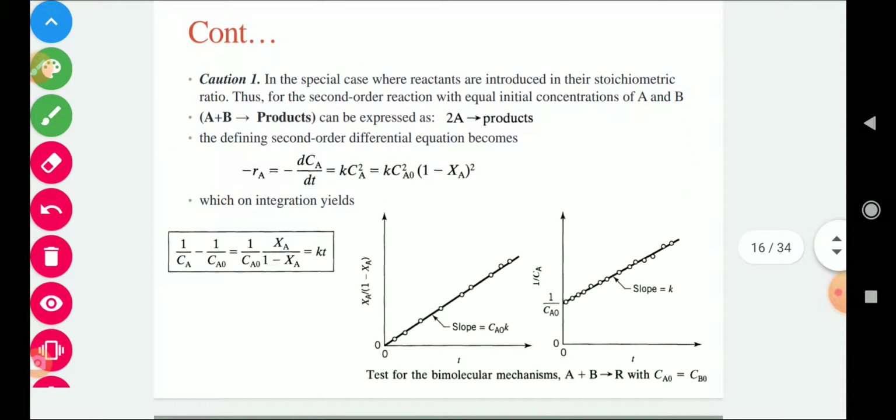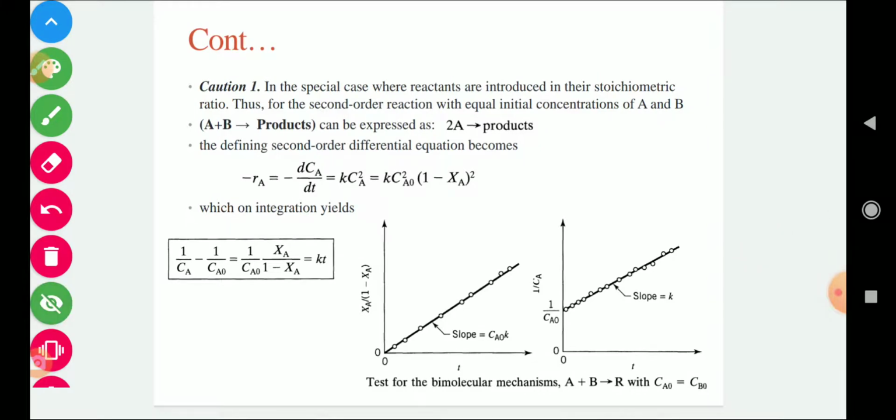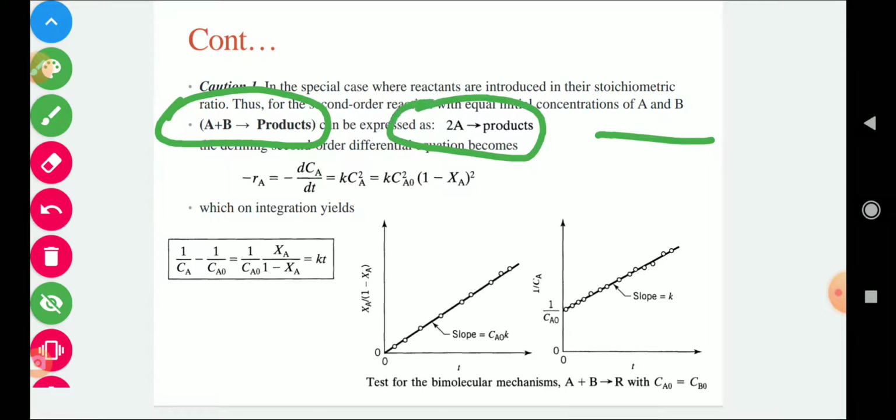Now some special cases are given here. In the special case where reactants are introduced in their stoichiometric ratio, we have a second order reaction with equal initial concentrations of A and B. A plus B gives product, and the rates of consumption of A and B are also the same, so we can rewrite it simply as 2A gives product. The rate expression will be Ra equals k Ca squared, or k into Ca naught squared (1 minus Xa) squared.